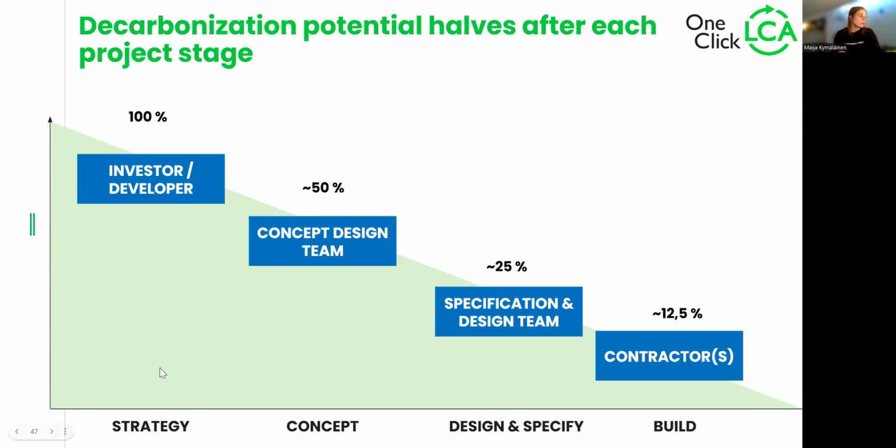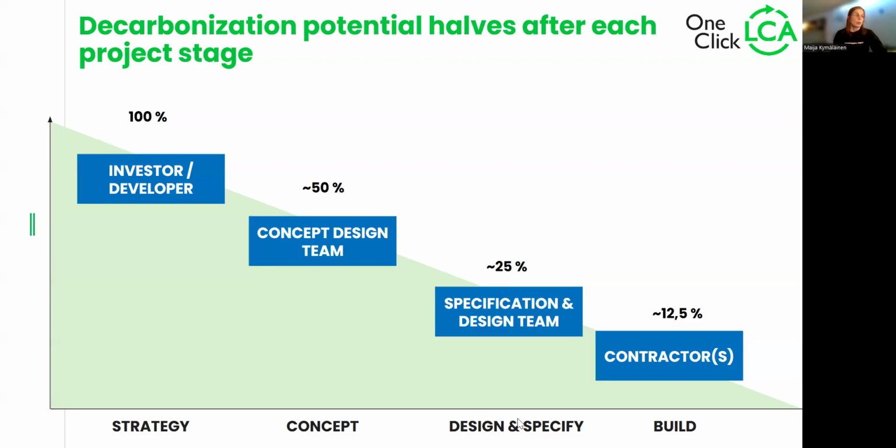When we are at the strategy phase, drawing up plans and thinking about the need for our building and how we can fulfill that need, we can make the most impact at that stage. But then when our drawings are ready and we are starting to fulfill our processes, we have already lost half of that potential to make these changes.